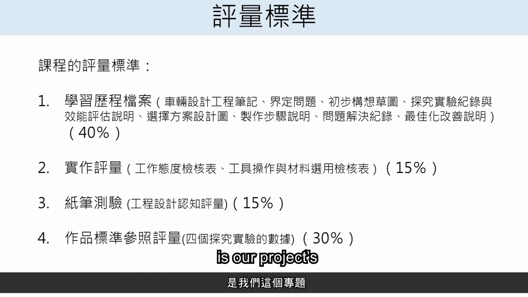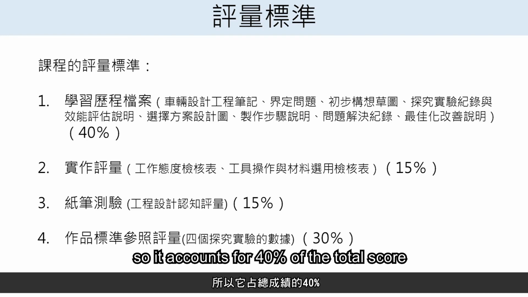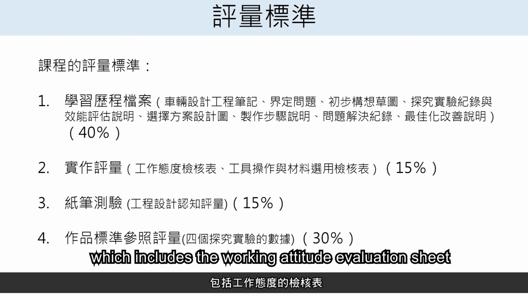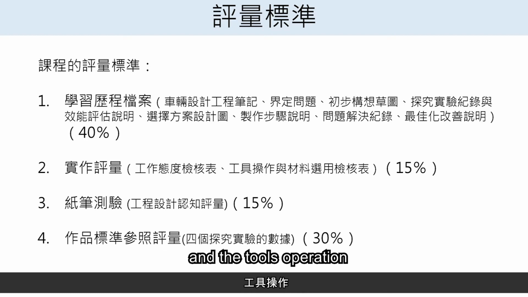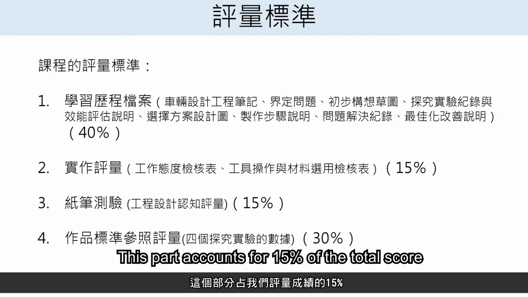The record file is our project's most important point of assessment, so it accounts for 40% of the total score. Number 2 is the crafting assessment, which includes the working attitude evaluation sheet and the tools operation and material choice evaluation sheet. This part accounts for 15% of the total score.